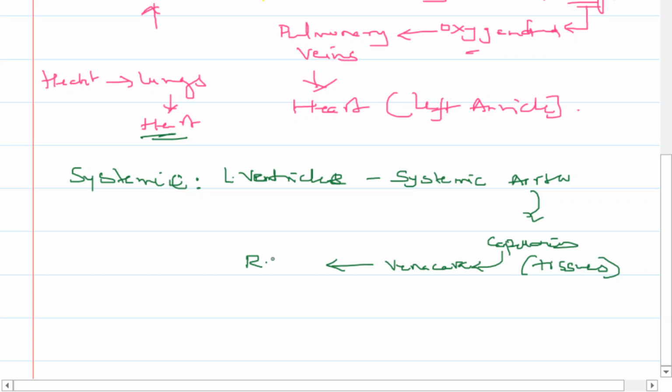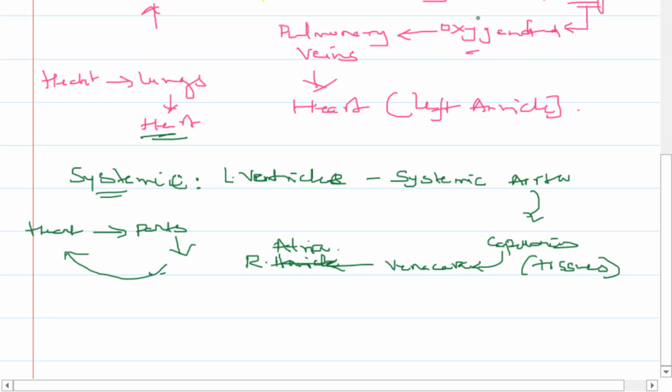That is the right atrium, sorry, auricle or atrium. So this circulation, where blood goes from the heart to all parts of the body and collects the carbon dioxide and the waste through the venous system and comes back to the heart, is called the systemic circulation.